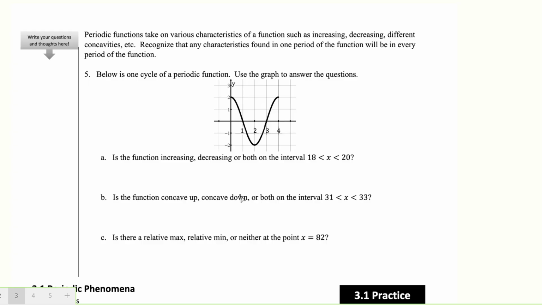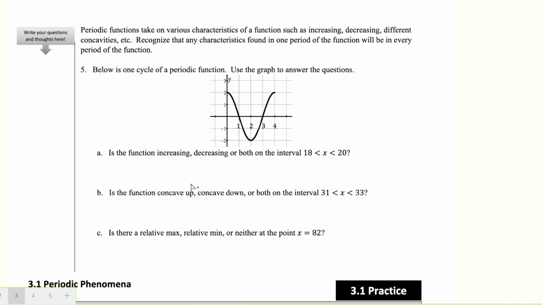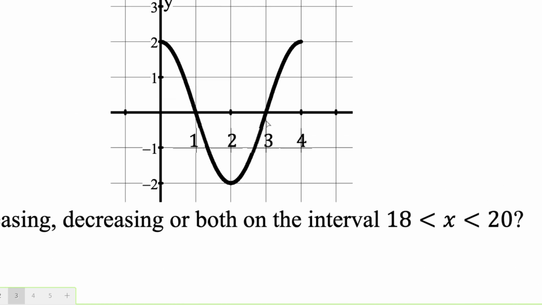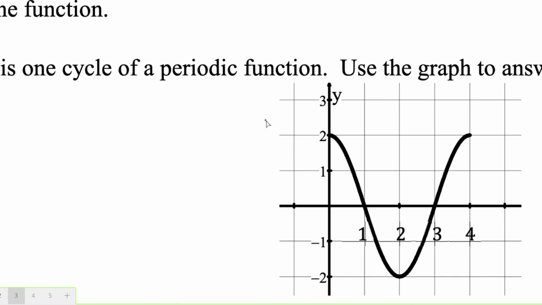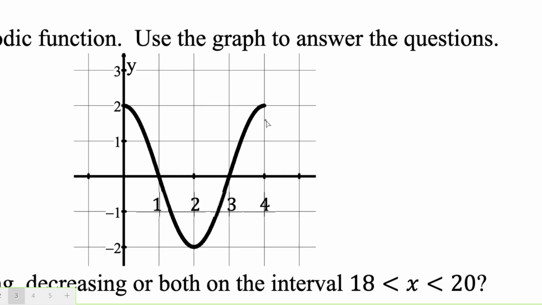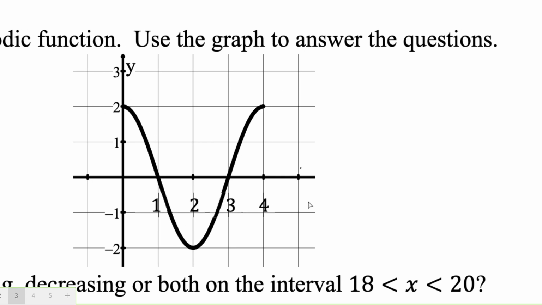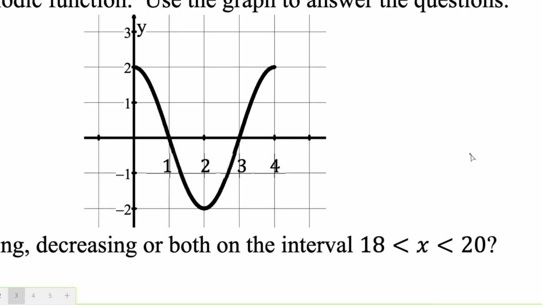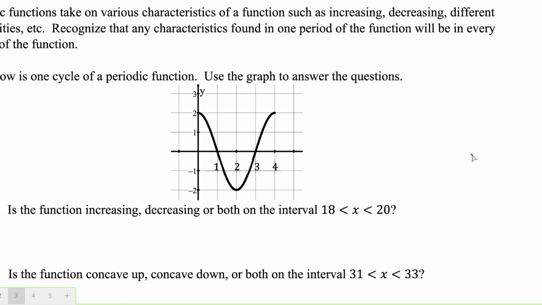Below is one cycle of a periodic function. Use the graph to answer those questions. So this is one period, which is one cycle, and we can have numerous of these going on and on to infinity. Now we're going to use this graph to answer its questions.